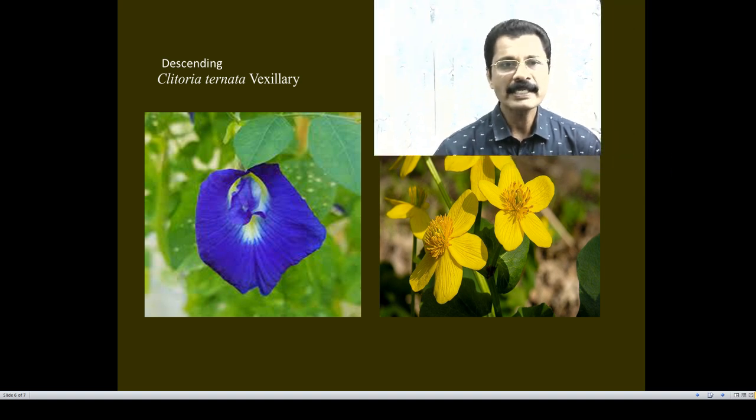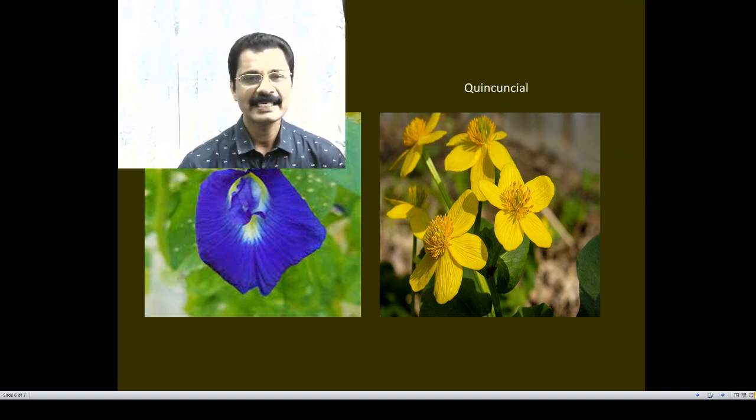The last one is called quincuncial estivation. In this case, there are five sepals or five petals. Two sepals or two petals are completely inside in position, two are completely outside, and the remaining one petal or sepal is in and out position.